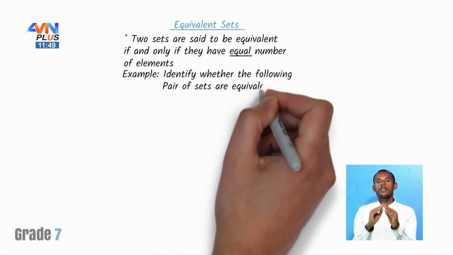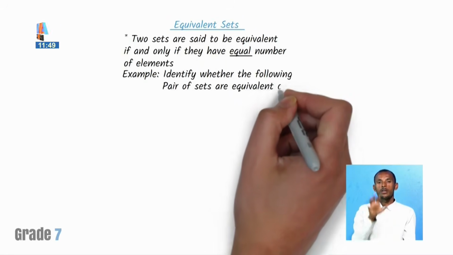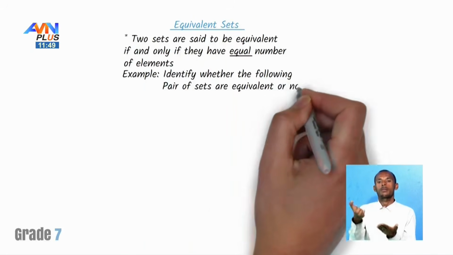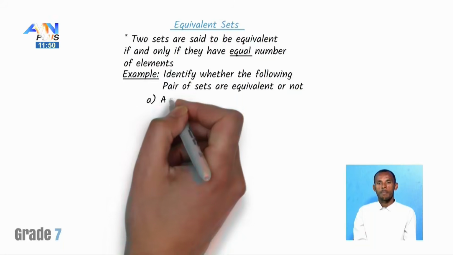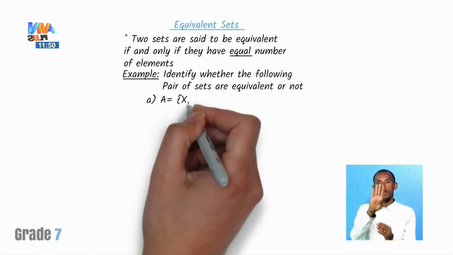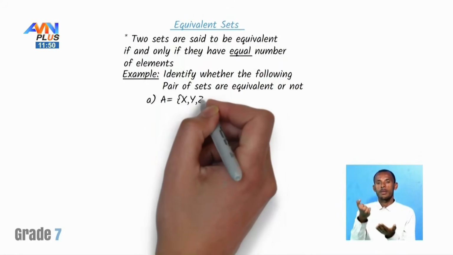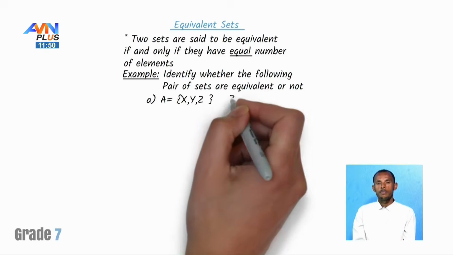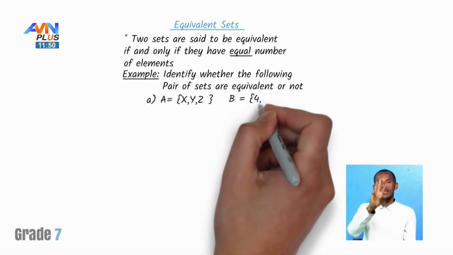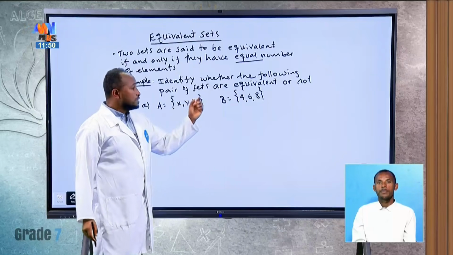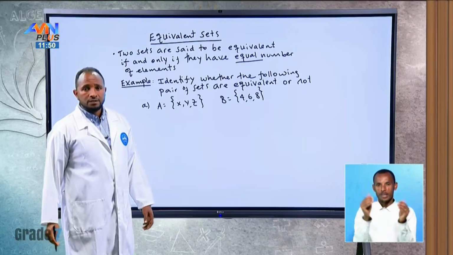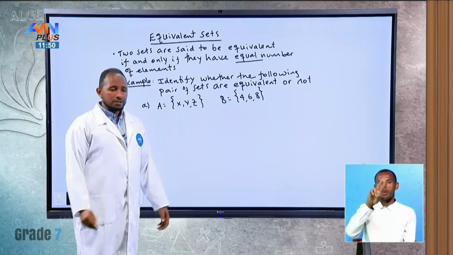Set A contains the elements X, Y, Z, and set B contains the elements 4, 6, and 8. Are these two sets equivalent? Let's see the answer together.